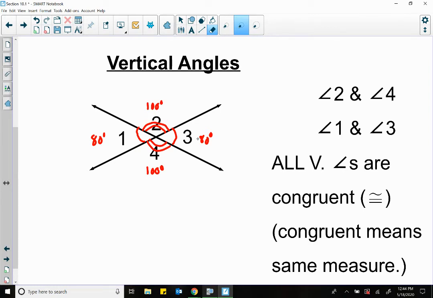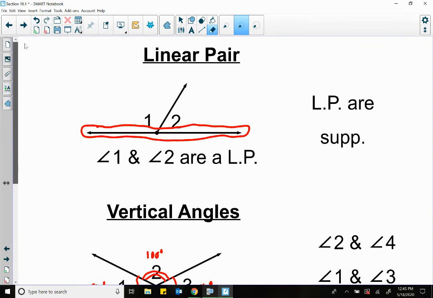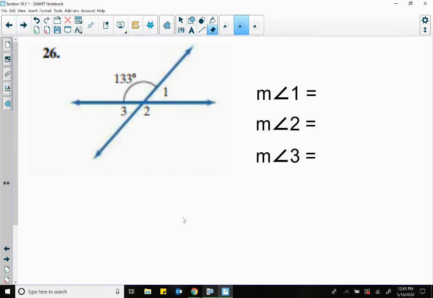You can also see that 2 and 3 are a linear pair because they form this straight line right there. 4 and 3 are a linear pair, and 1 and 4 are a linear pair, because again, they're forming those straight lines. So with vertical angles, you also get some linear pair action. These two are pretty important to us: vertical angles and linear pairs. Go ahead and figure out the measure of angles 1, 2, and 3.